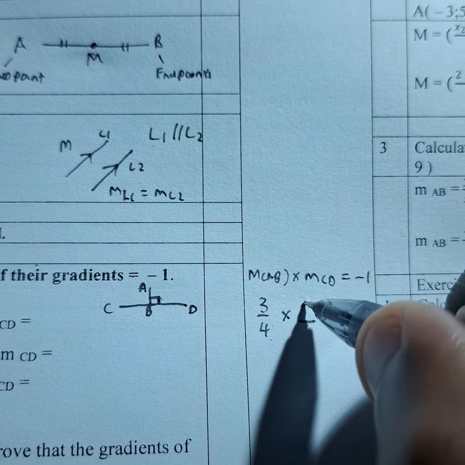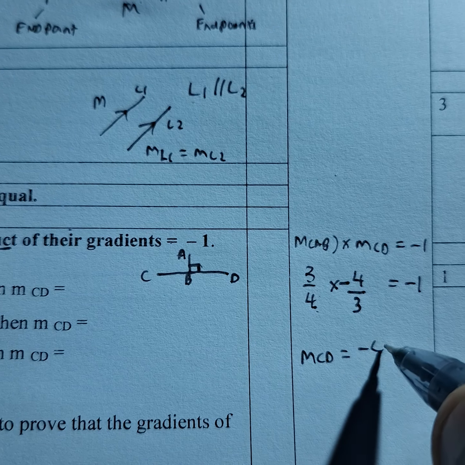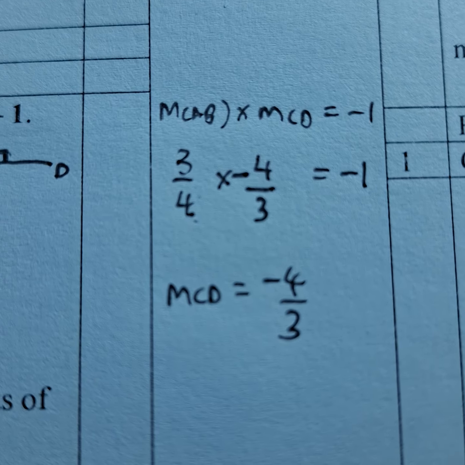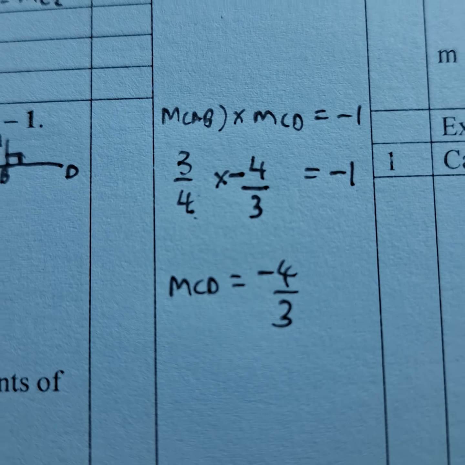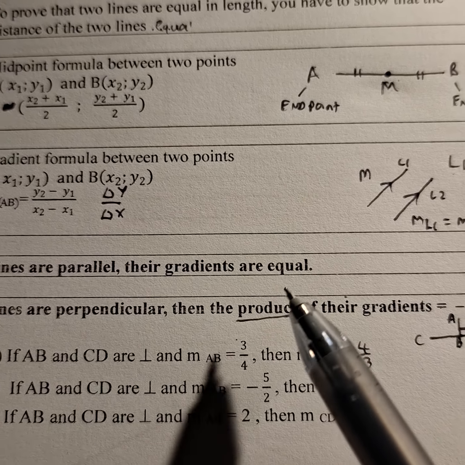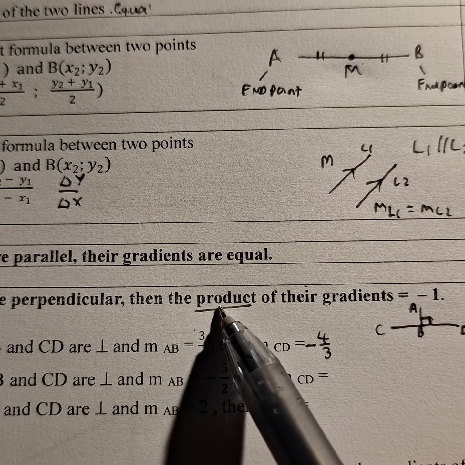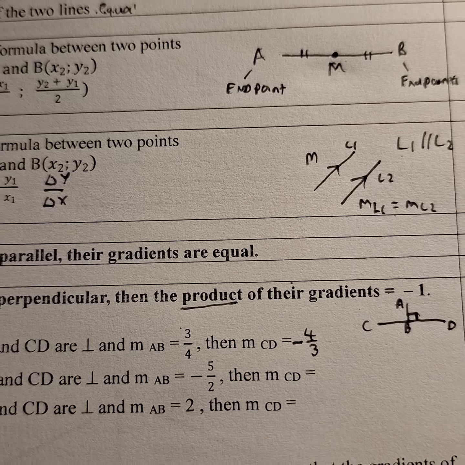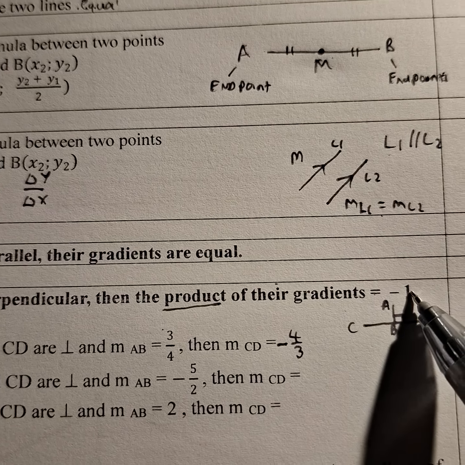So the gradient then of CD is negative 4 over 3. Simply put, you flip the fraction, 4 over 3, and you change the sign. So this was positive, now it is negative. Simply put, that's what you do every time that you know that the two lines are perpendicular. Why? Because we are told that for perpendicular lines, the product of their gradients should always give us negative 1.